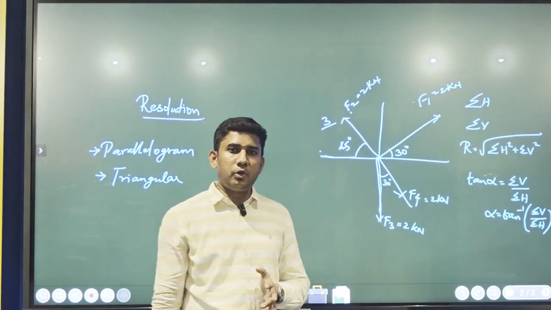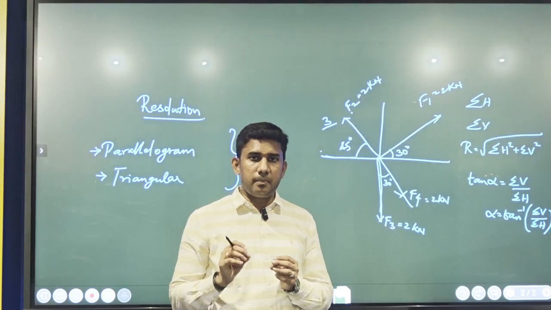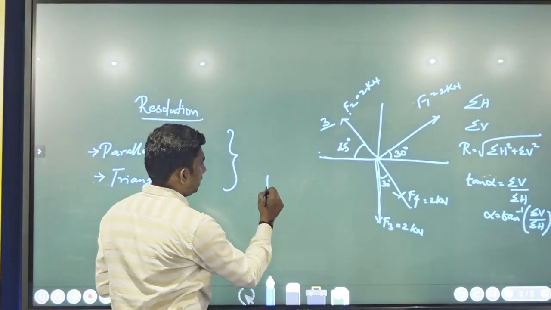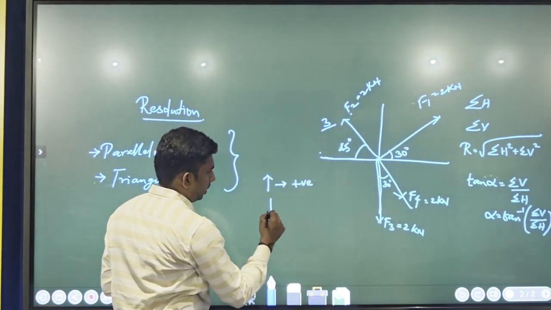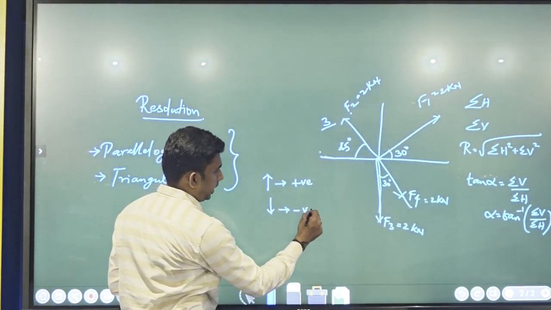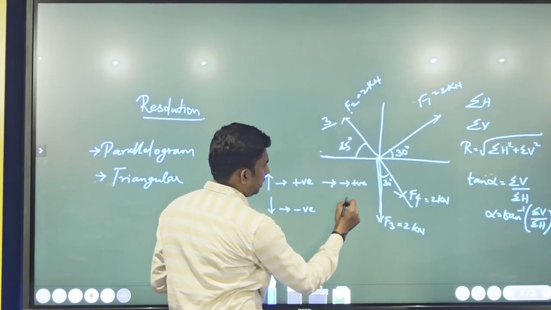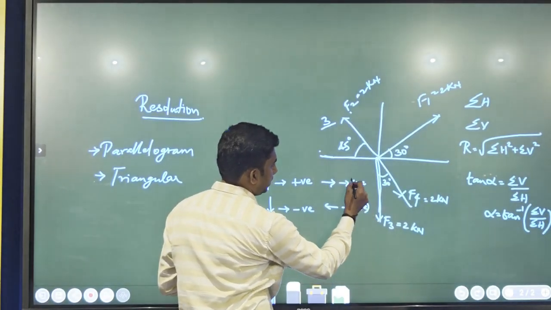Before we move on to the resolution, we should understand the sign convention, the plus and minus convention. I consider the upward direction to be positive, the downward direction to be negative, the right side direction to be positive, and the left side direction to be negative.